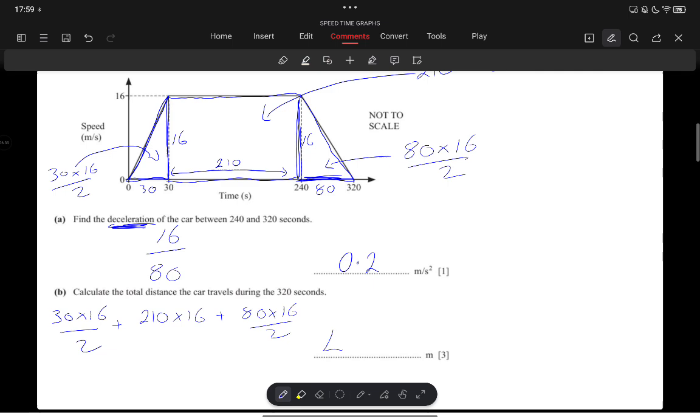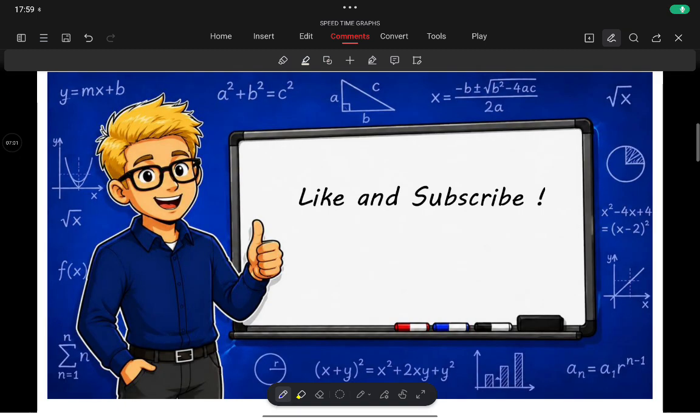And I get the answer 4,240. And it is worth checking, of course, that the units are all correct. So they want our answer in meters. And if our speed is given in meters per second and the time is in seconds, then the distance traveled will come out in meters.